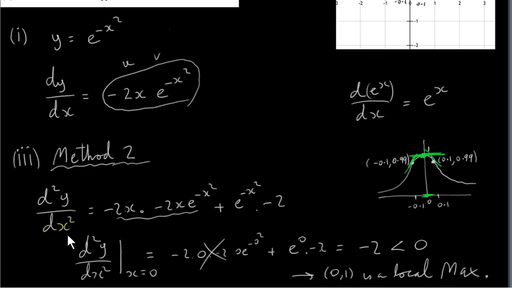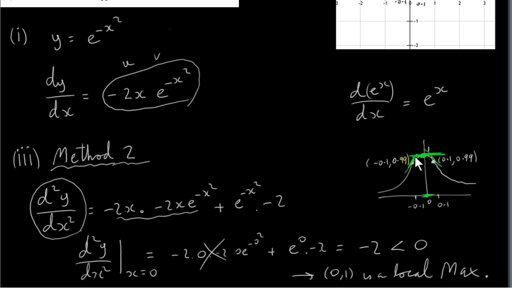As I explained in a previous video, the second derivative, d2y dx2, is the rate of change of dy dx with respect to x. In other words, it's the rate of change of the slope of the curve, or the slopes of tangents to the curve, as x increases. And you can see that in the neighborhood of a local maximum, the tangents are decreasing in slope.